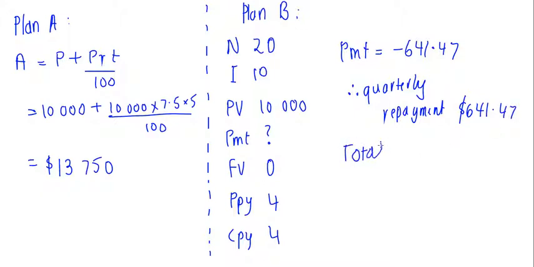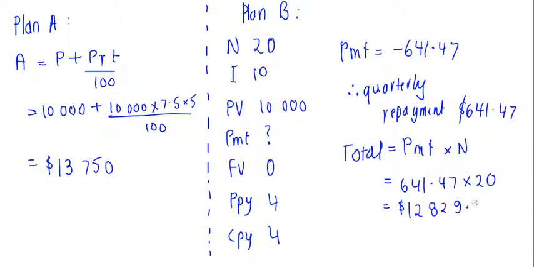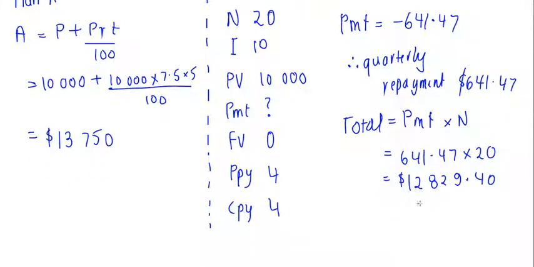What we can do is work out a total. If we take the payment and we multiply that by n, the number of payments, we can see that the total amount that must be paid equates to $12,829.40. So these are the two options we have.